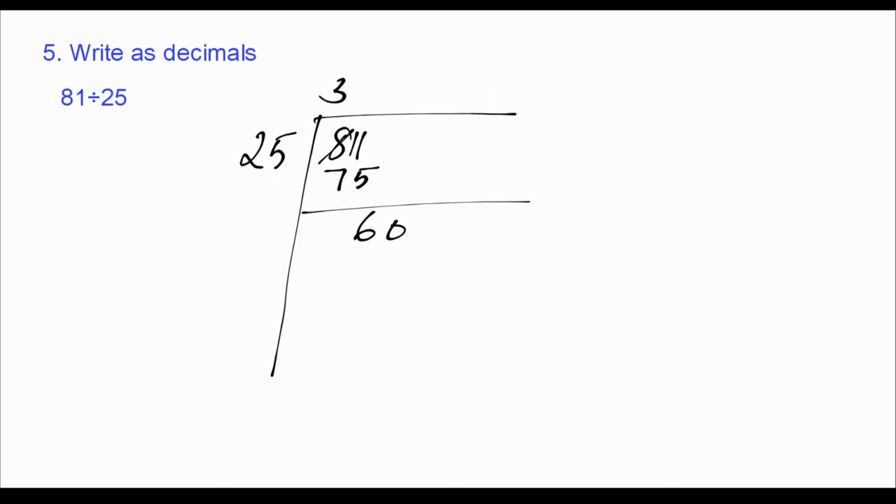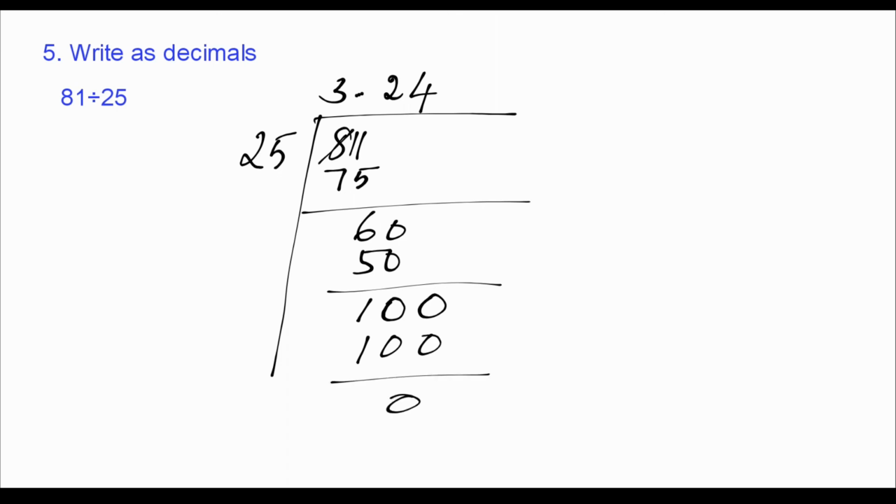So I am putting 0 here, so I can add a decimal point in the quotient. And then 25 2s will be 50. So our answer is 10. And I can add another 0 in order to complete our division. So 25 4s are 100. That is 0. So our quotient is 3.24. Remainder is 0.